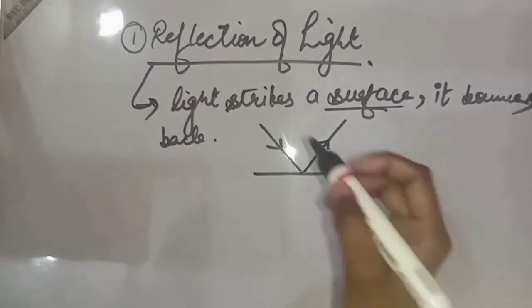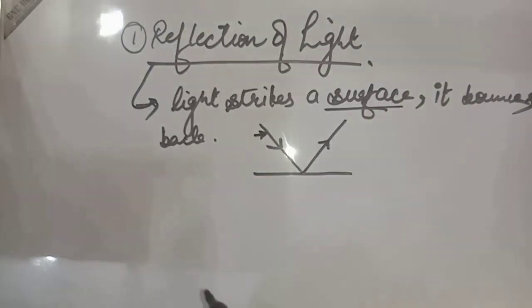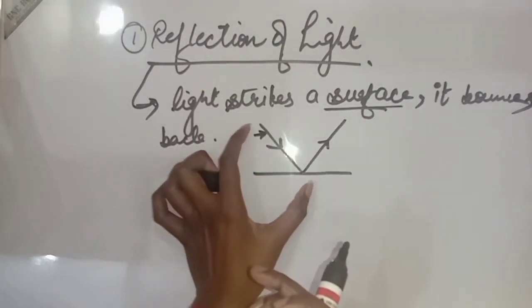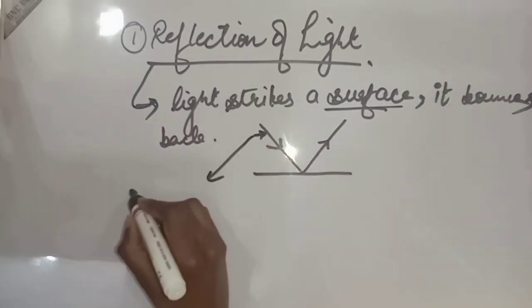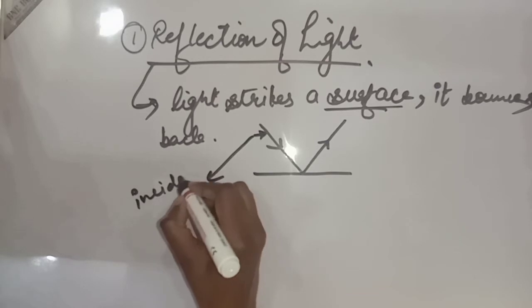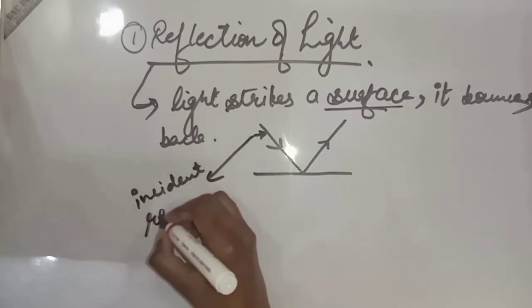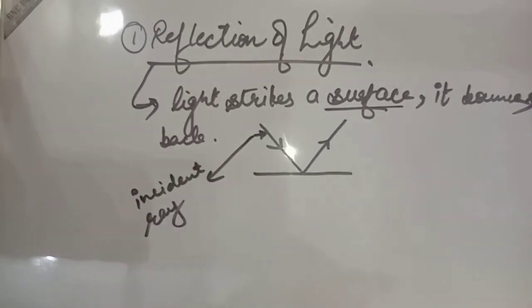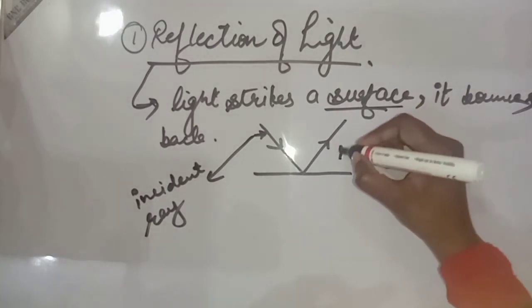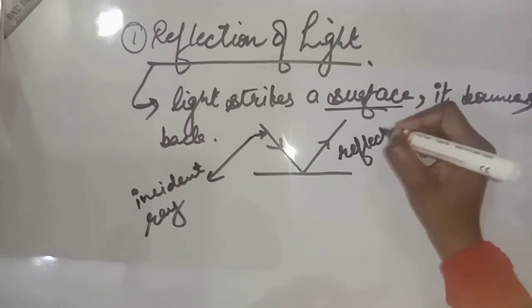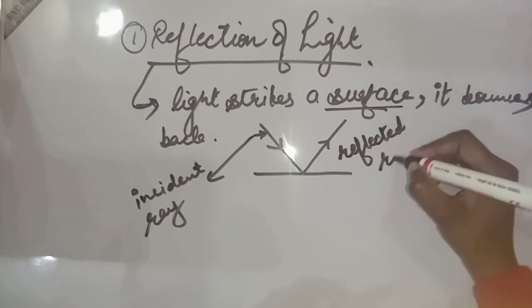Okay. The ray of light striking the surface before reflection is called the incident ray. And the ray which gets reflected is called the reflected ray.